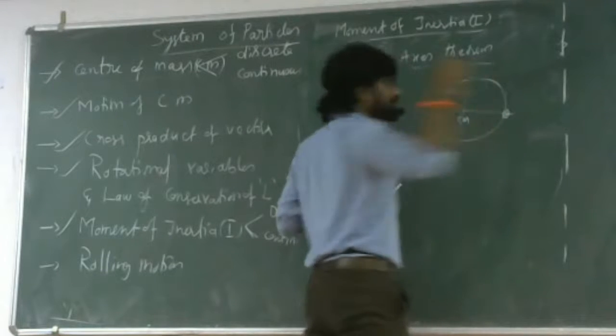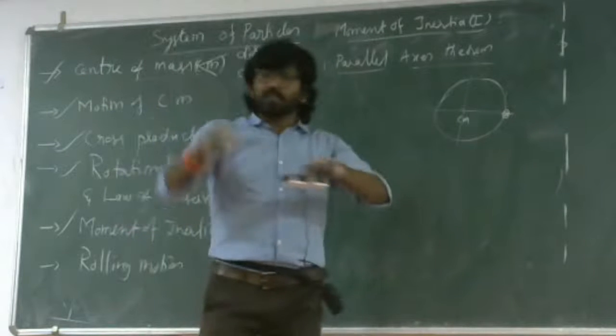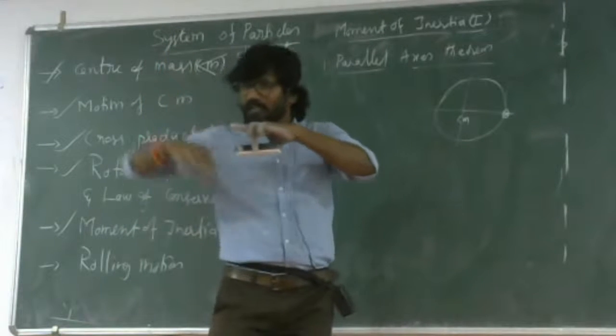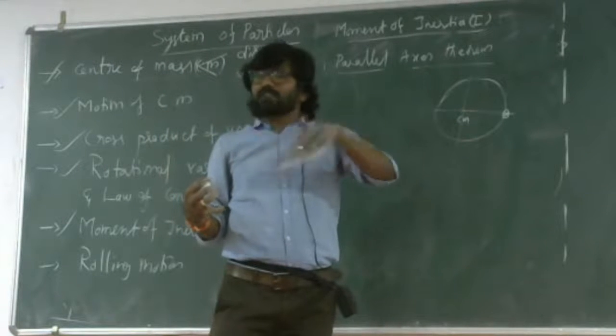This is the axis. If you have a disc, and the axis is passing through, touching the diameter and perpendicular to the plane, then what is the moment of inertia of this disc about this axis?